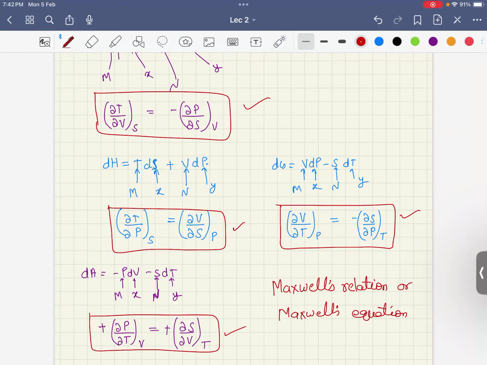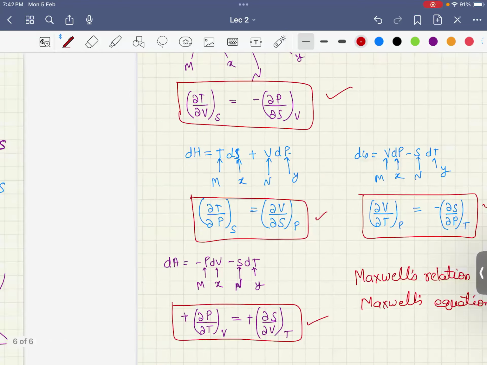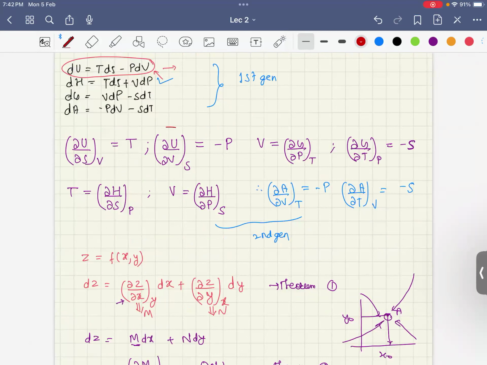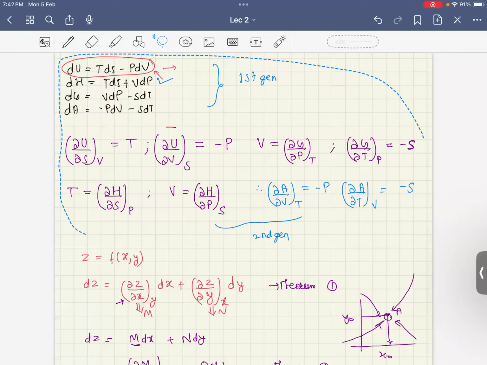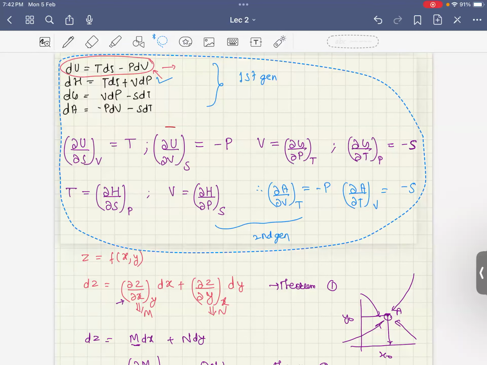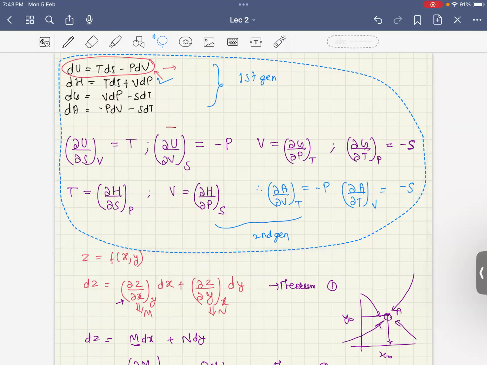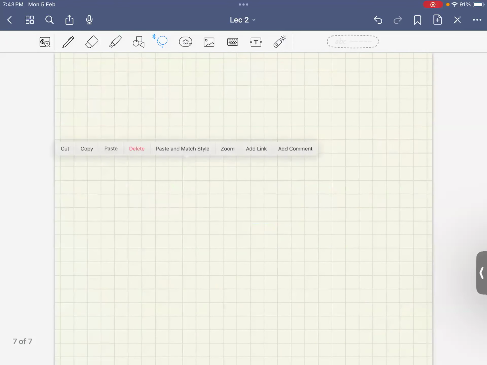Now let us write this down again like this. I will just copy this one and paste it on a new page.